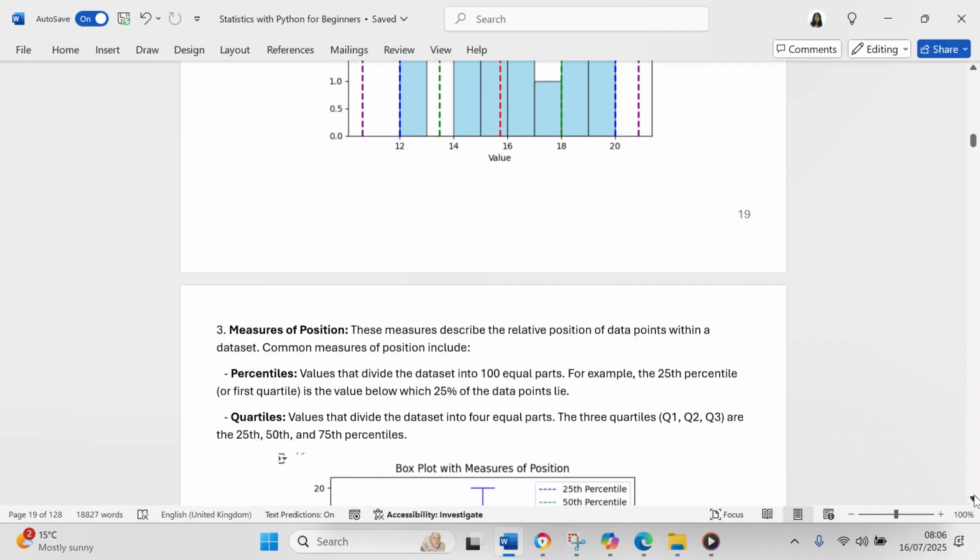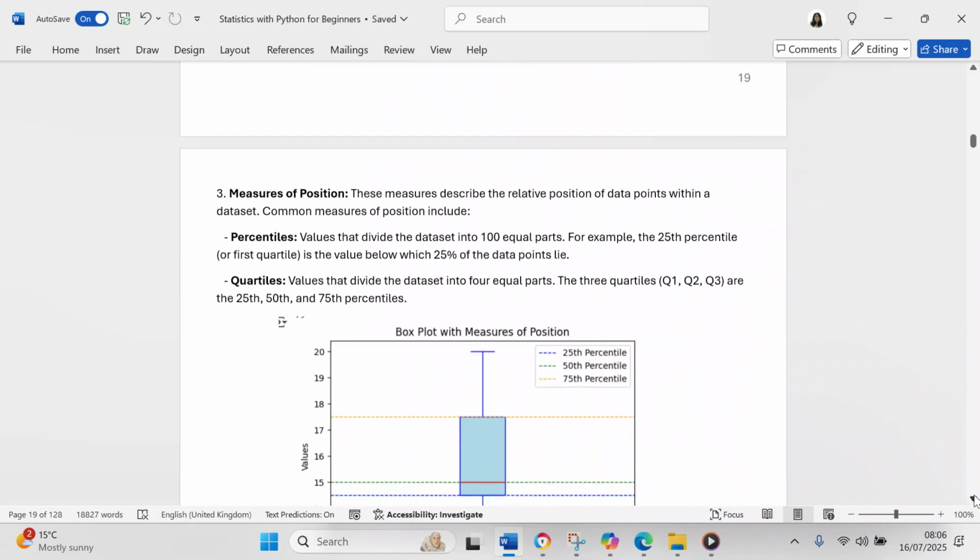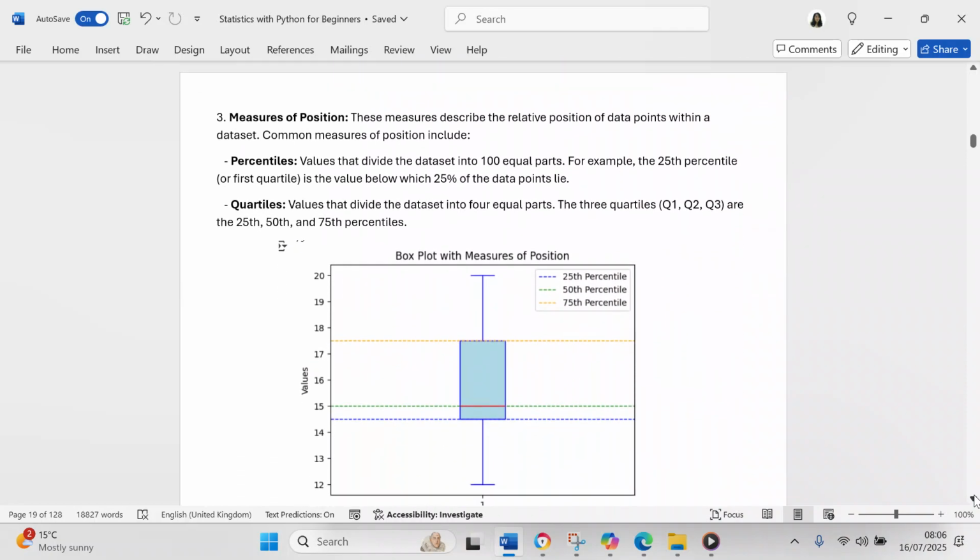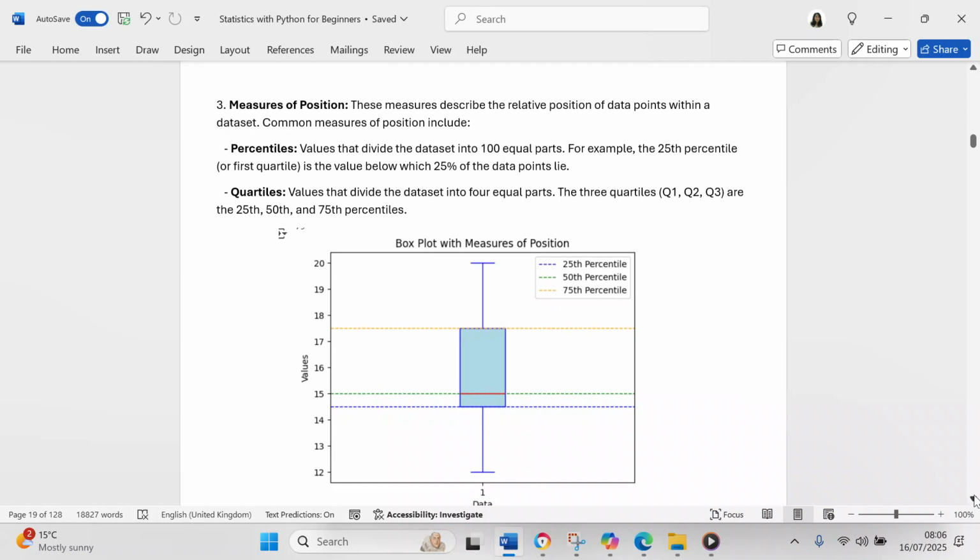So now what we have is the measures of position. These measures describe the relative position of data points within a data set. Common measures of position include percentiles, that's values that divide the data into 100 equal parts.